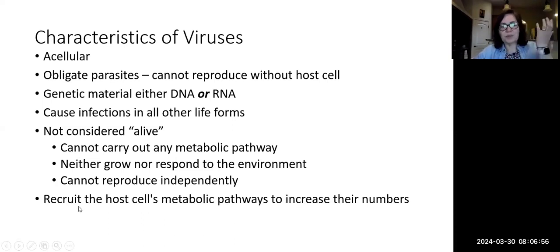So they recruit the host cell's metabolic pathways in order to reproduce themselves. And this is what I was saying, like I'm going to come in and use your food and use your toothbrush and, girlfriend, wife, children, I don't know, whatever. I'm just going to use all your stuff.